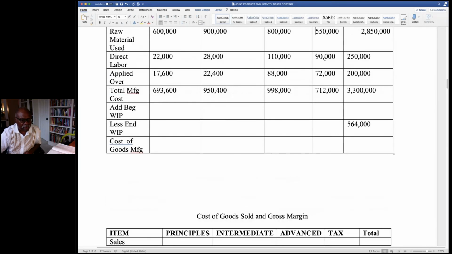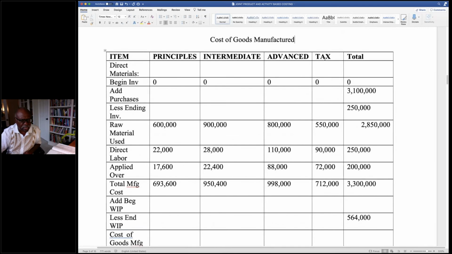Okay, so let's stop. Let's go the less ending work in process, 60,000 for principals, and 180, then 160 for advanced and 110 for tax.